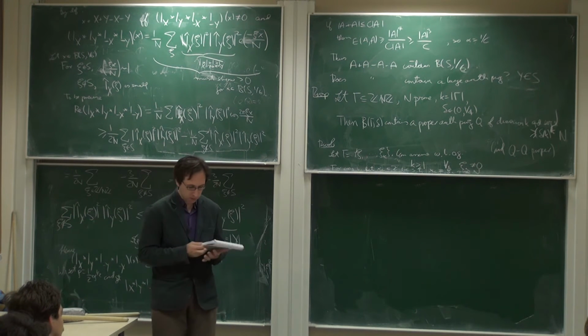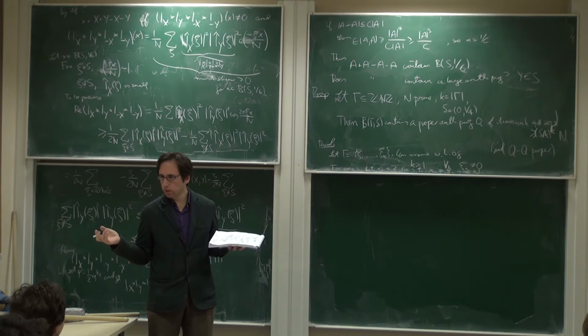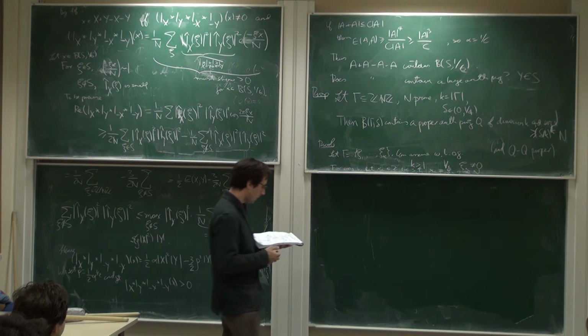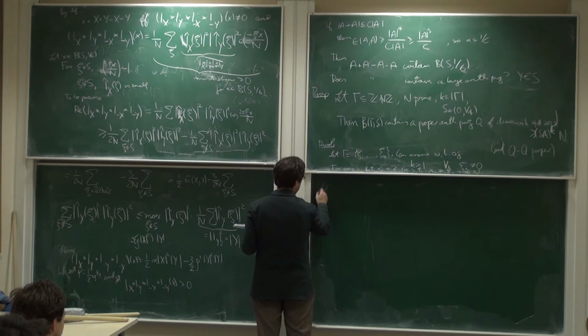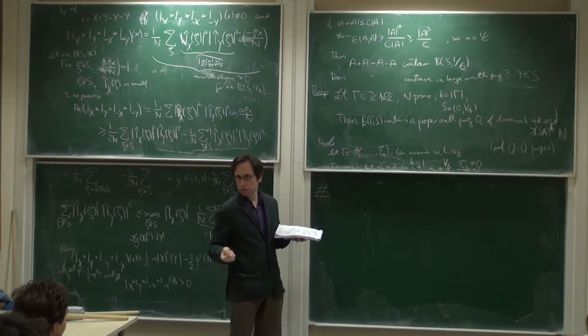So the idea is, lattices, everybody's comfortable with lattices. So a lattice is a discrete subgroup of, say, R to the n of rank n. So, the points, the corners here are a two-dimensional lattice.